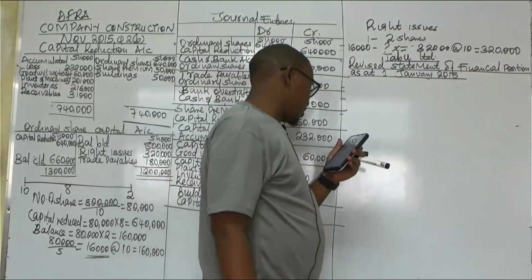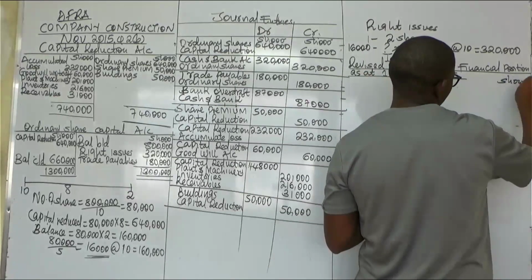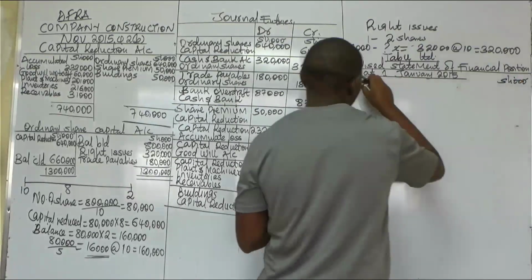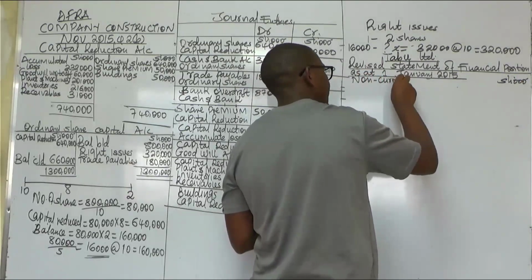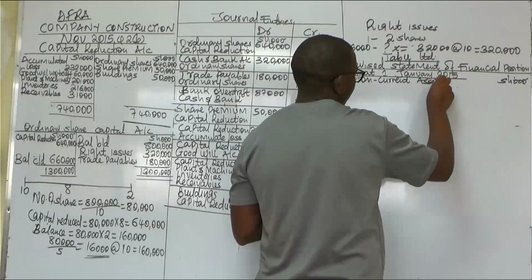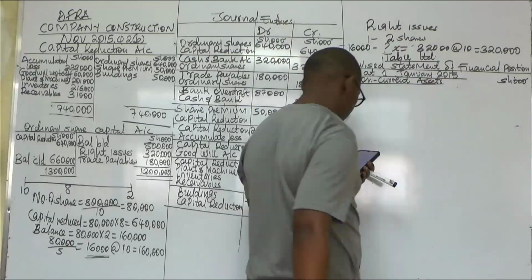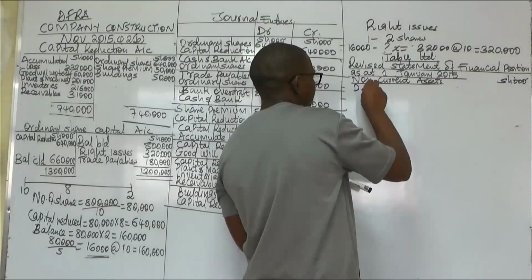So we'll begin with the non-current assets. Non-current assets, we had first was on the intangible assets, the development cost.